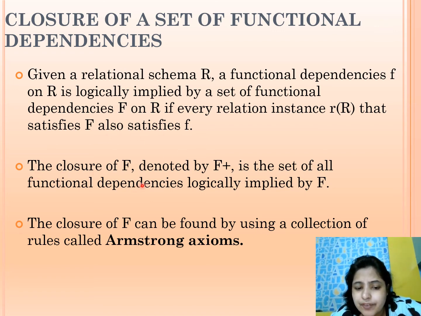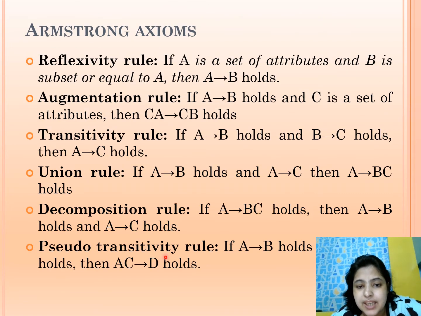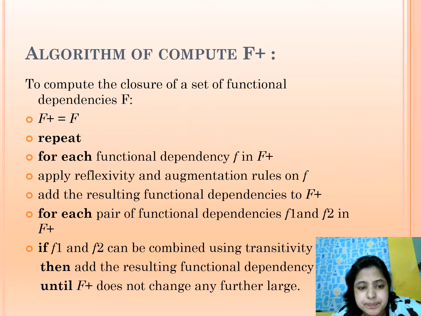The closure of F, denoted by F plus, is the set of all the functional dependencies logically implied by F. The closure of F can be found by using a collection of rules called Armstrong axioms, right? So these are all the Armstrong's axioms which we have already discussed.